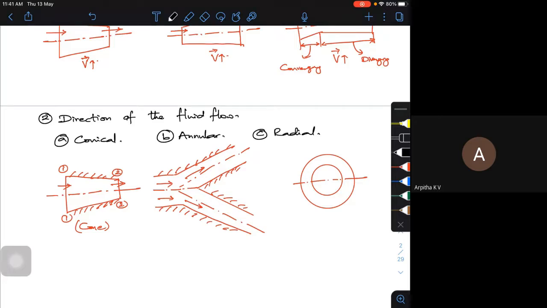To call this annular, you should have a conduit. Here what's happening is that it is getting branched. That is one nozzle, and I'm trying to divide it into two or three. So we call that an annular kind of thing. All are circular cross sections, and those circular cross sections are getting branched.